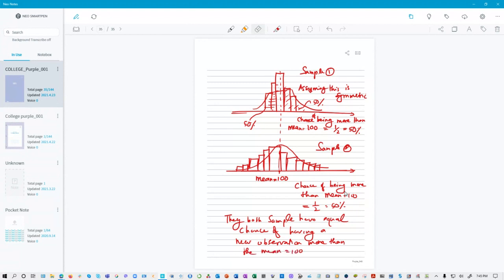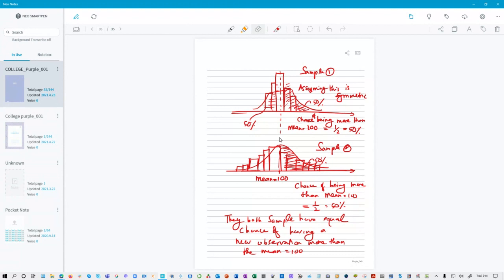That's why they say equally likely. There's an equally likely chance that the new observation is more than 100. They are talking about this half. See, this area is 50% in this case, and also 50% in sample 1.